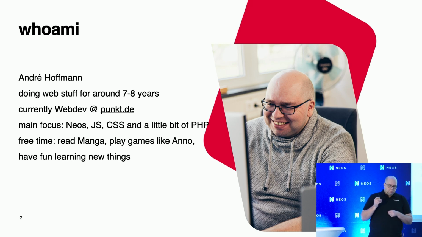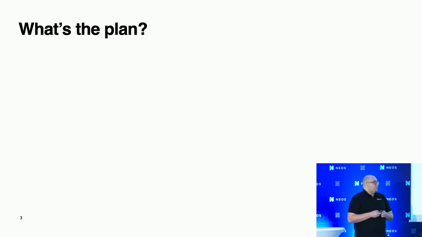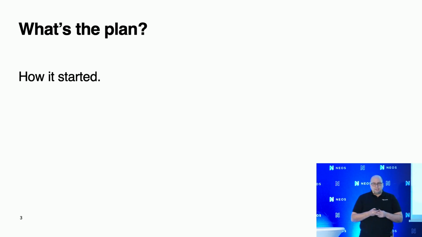Let's look at the plan for today. My plan is to talk a little bit about the history of all I did, so let's first take a look back at how it all started. Here I would like to talk about how my interest sprang up and what my ideas and questions were as the next step.